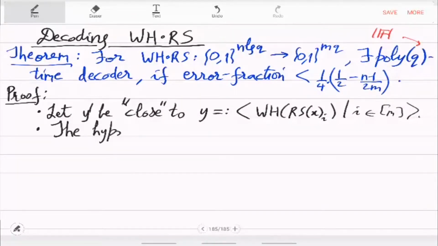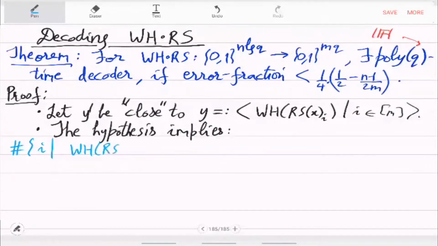Now the hypothesis on this error fraction implies that the number of symbols i such that Walsh-Hadamard on the symbol has a lot of errors, at least q by 4 errors, cannot be large.